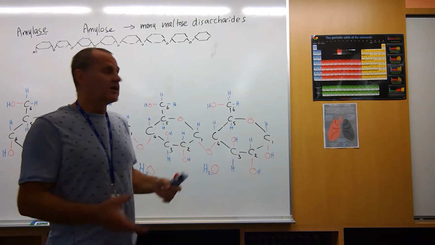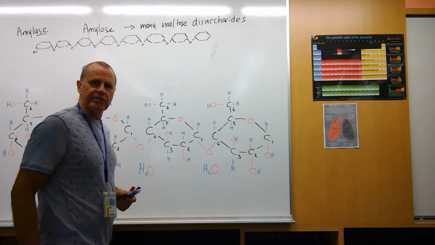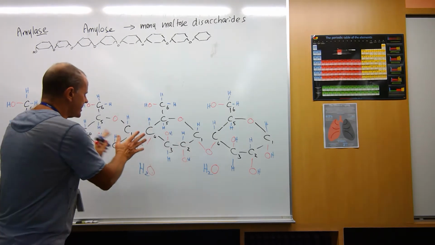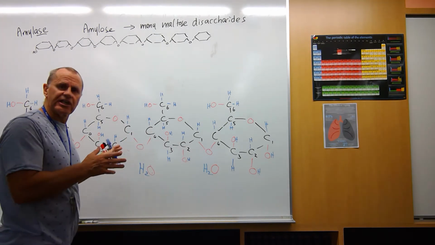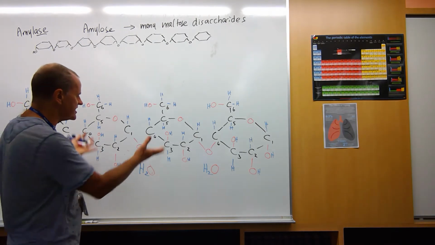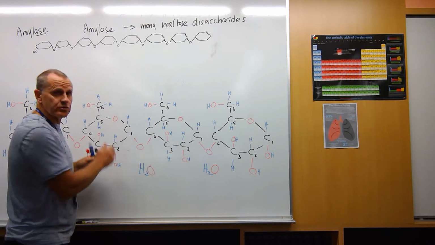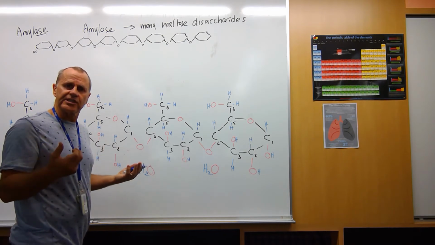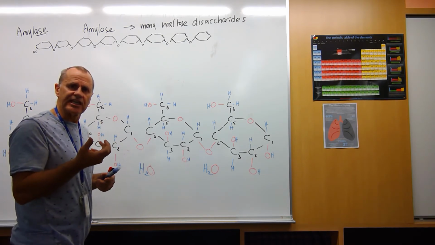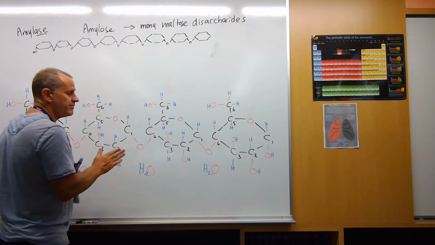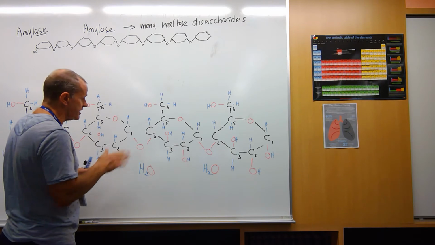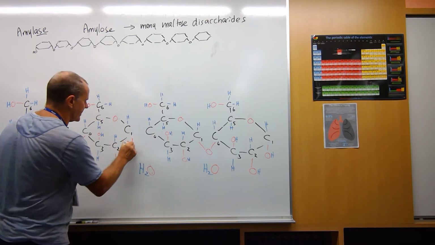And so it reads the sequence of the atoms in these molecules, identifies the site at which it can cut between two maltose molecules, it takes in the functional groups into its active site, and then, with a little twist, as soon as it enters its active site, then it makes a small chemical change. And that small chemical change, of course, breaks a covalent bond.